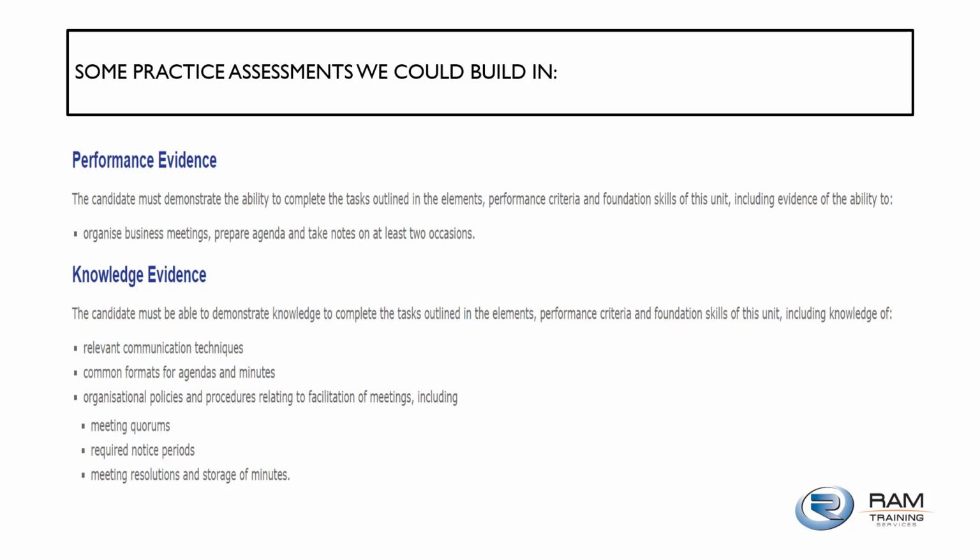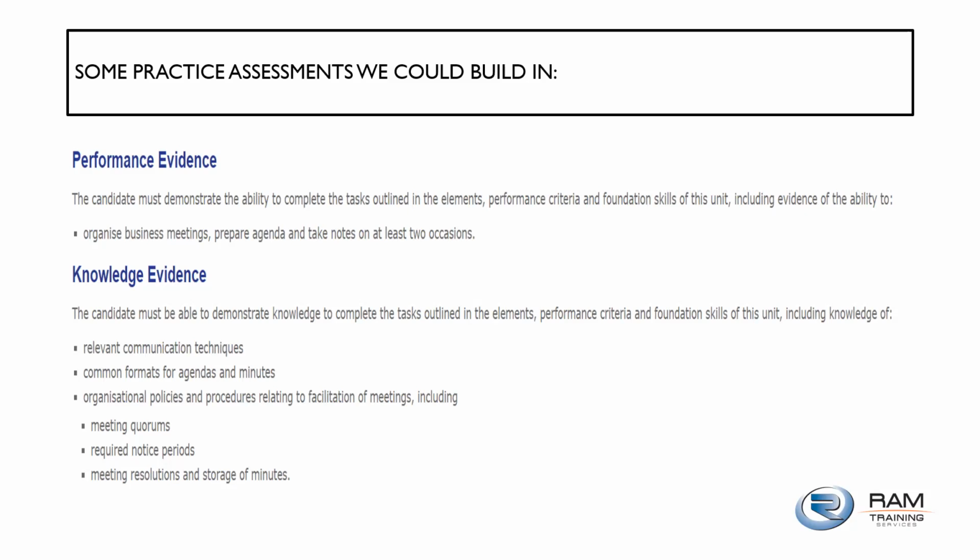The candidate must demonstrate the ability to complete the task outlined in the elements, performance criteria, and foundation skills of this unit, including evidence of the ability to organize business meetings, prepare agenda, and take notes on at least two occasions. Two occasions. So we need to gather proof that somebody can organize two business meetings, prepare two agendas, and take notes on two occasions.